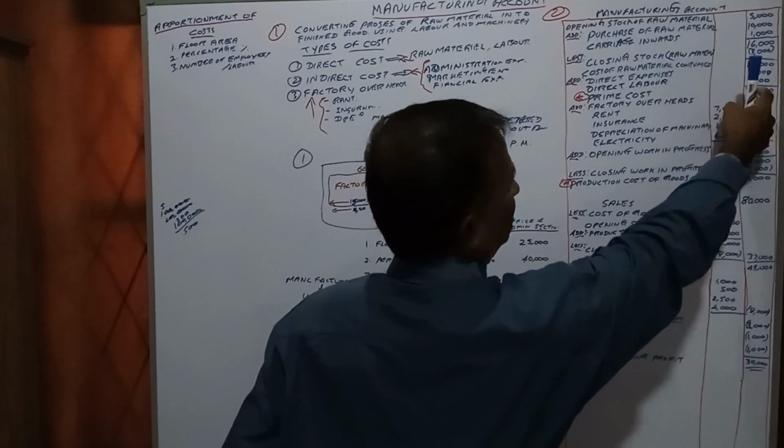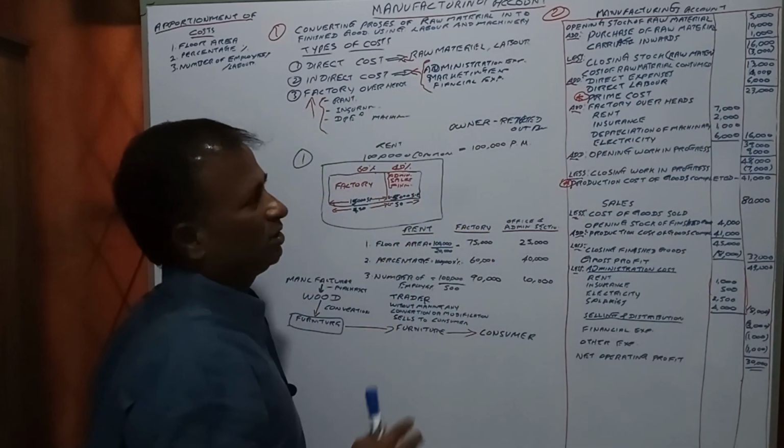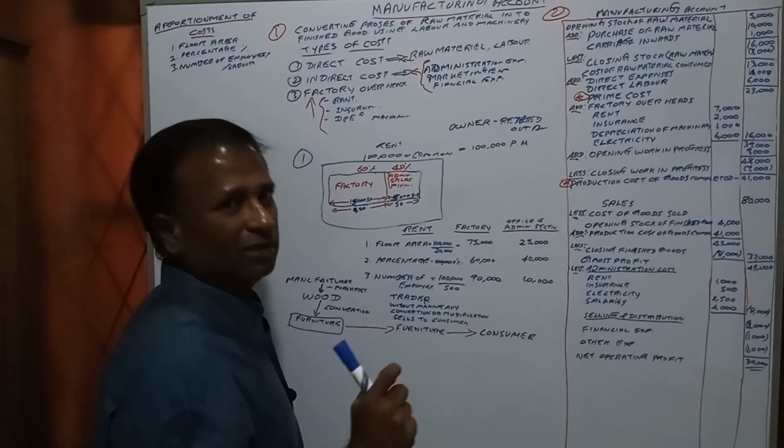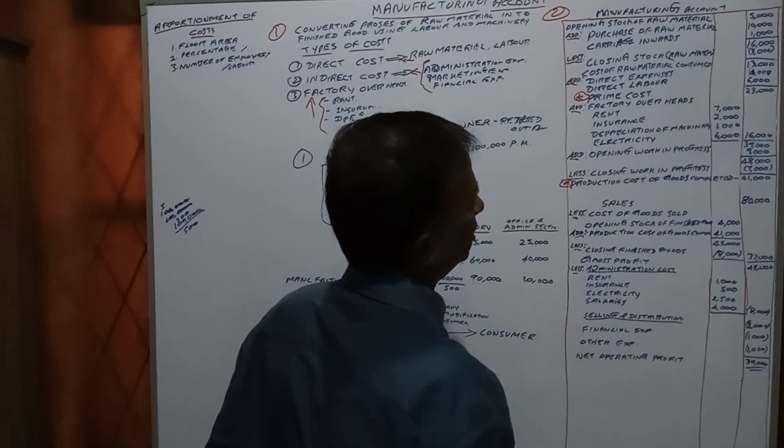Then if you add that direct cost, you will arrive at prime cost. The cost you arrive at is defined as prime cost, right? Prime cost.